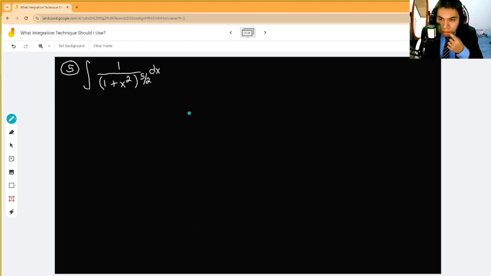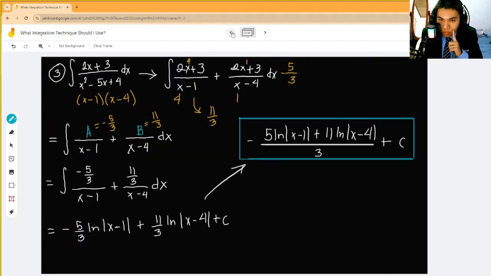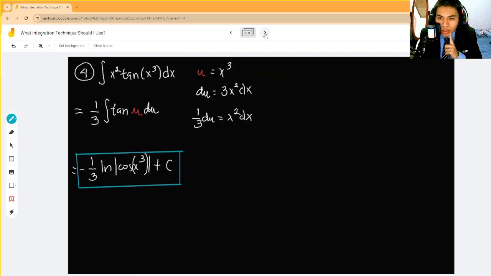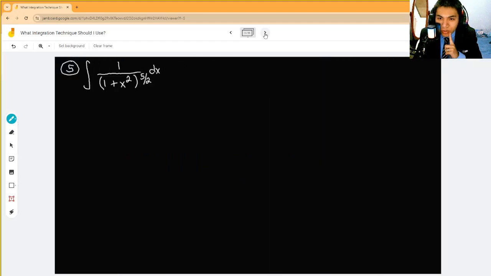So if you go back to number 2, we know that secant squared x is the same as tangent squared x plus 1. Now, if you look at this and ask yourself, wouldn't it be nice if that x squared was tangent?